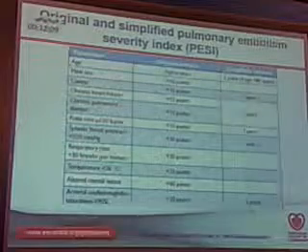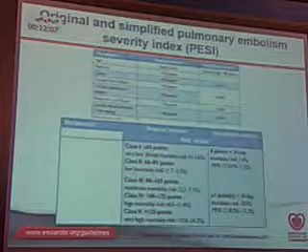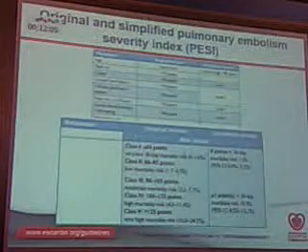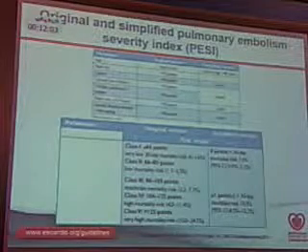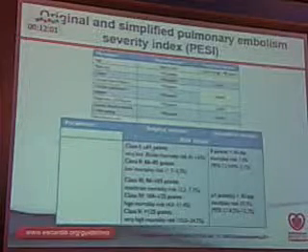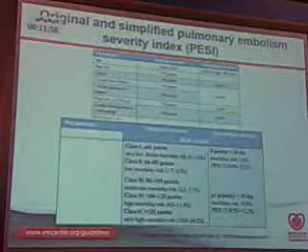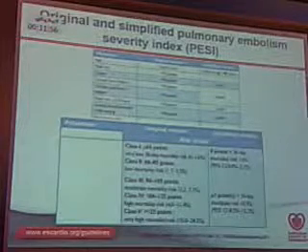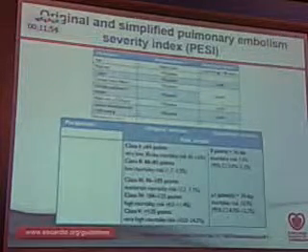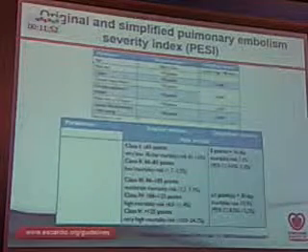This can help you again to risk stratify these patients, because if you have at least 1 point, your 30-day mortality risk is about 11%. So just by having one of these points in a patient who presents with a suspicion of pulmonary embolism, it risk stratifies.